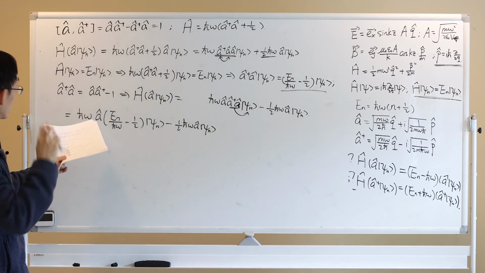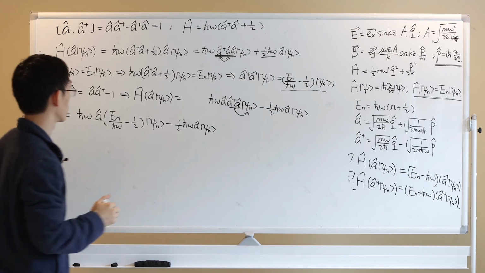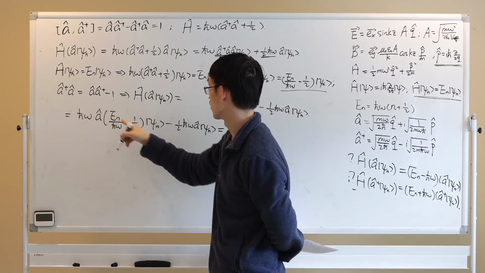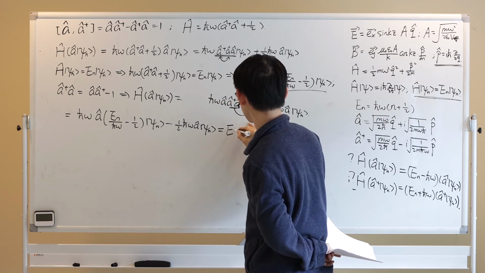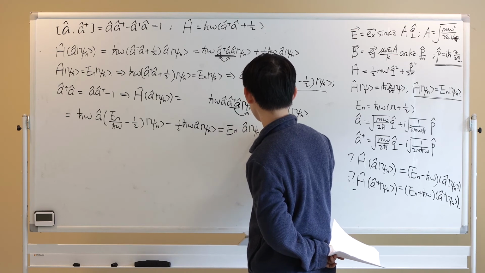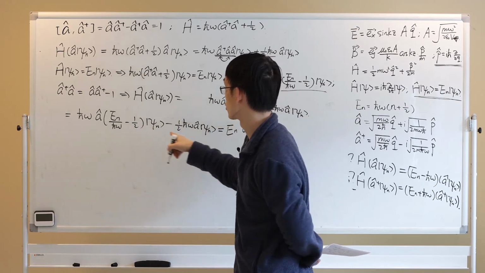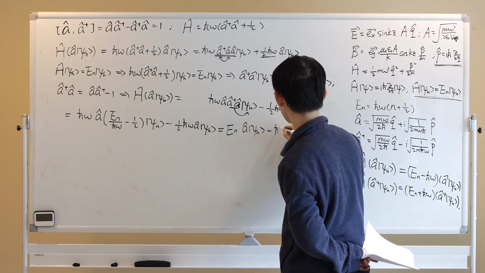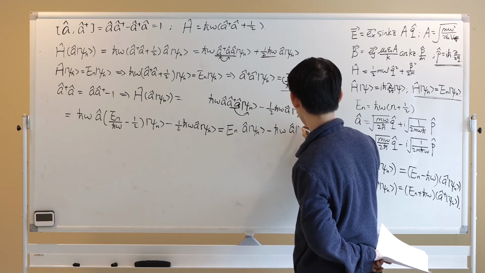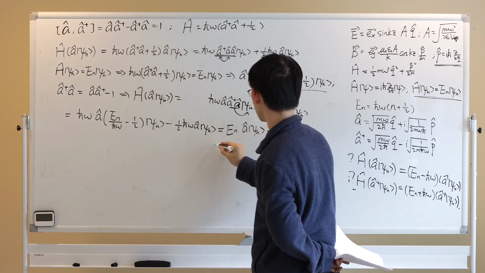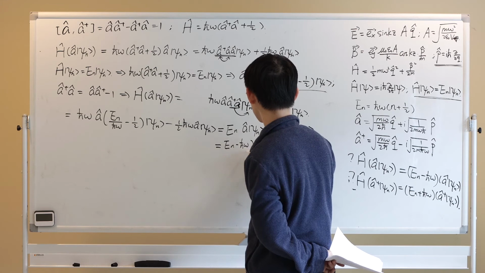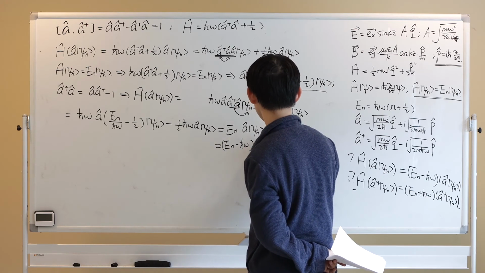So then you can cancel all these terms, and it's just numbers now. Then what you get is En a psi n minus 2 1/2 h bar omega a. So it's En minus h bar omega a dagger.